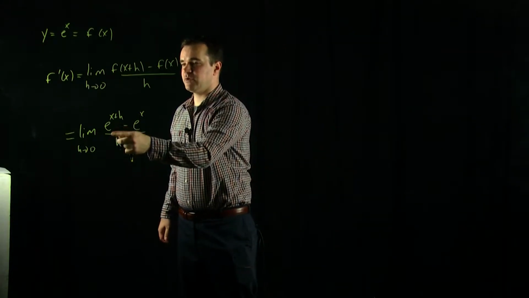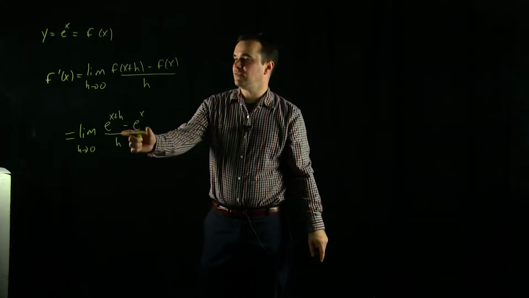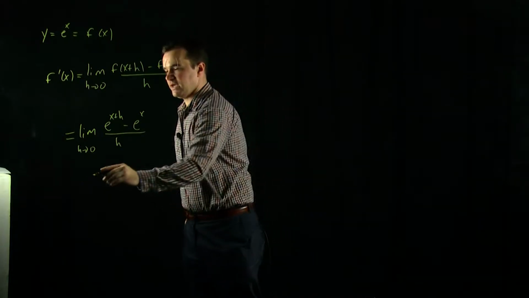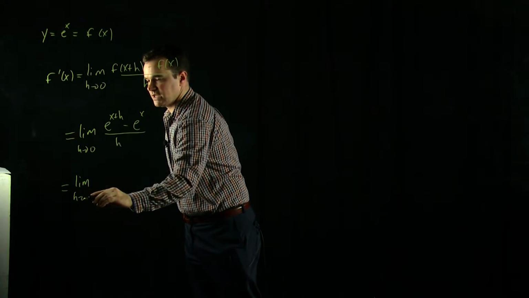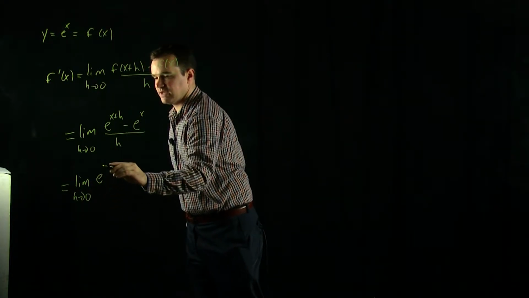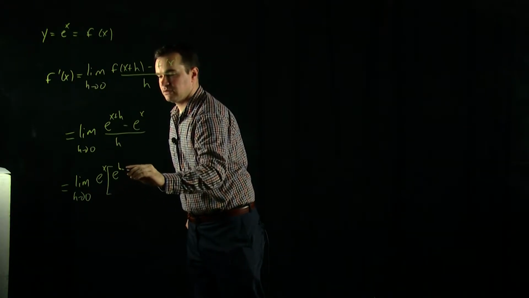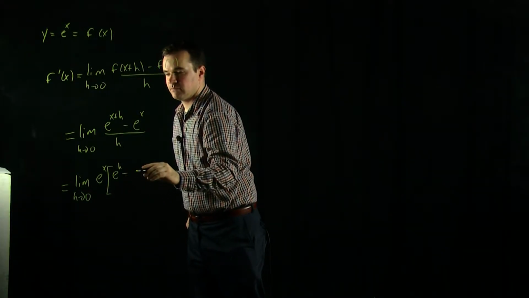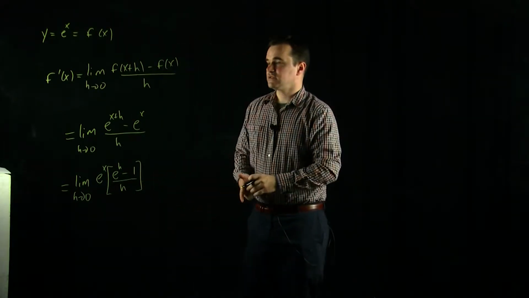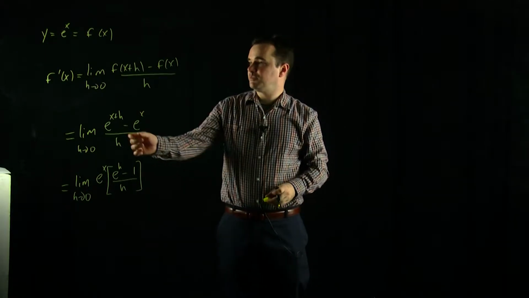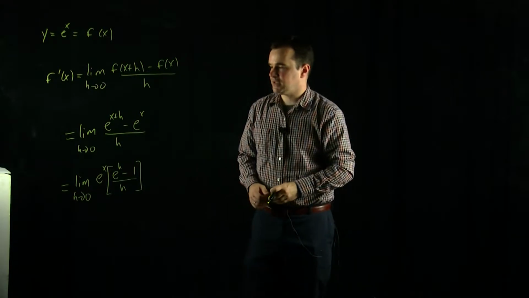So first, by exponent rules, e to the x plus h is e to the x times e to the h. And then let me factor out that e to the x, giving me a limit as h goes to 0 of e to the x times the quantity e to the h minus 1 over h. So you see what I did there, I just broke this up to e to the x times e to the h, and then I factored out e to the x.